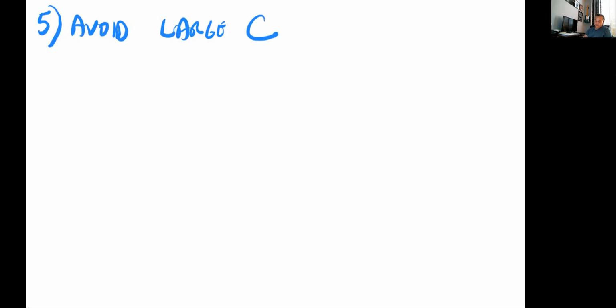But since we don't want to make these big transistors and have big capacitors, we avoid large capacitances altogether. And what that really means from a circuit design perspective is that we have to avoid capacitive coupling and decoupling.